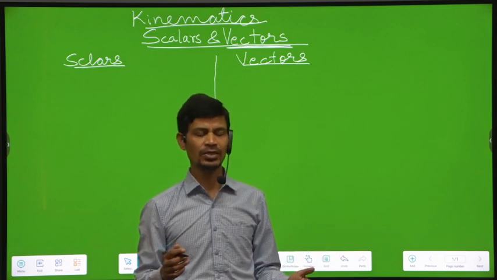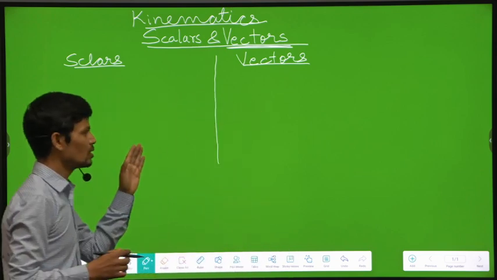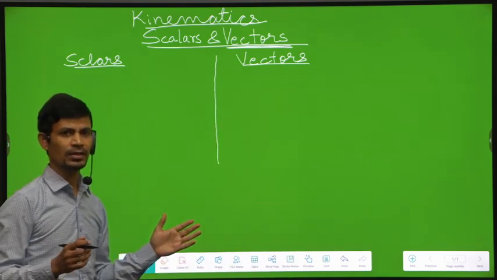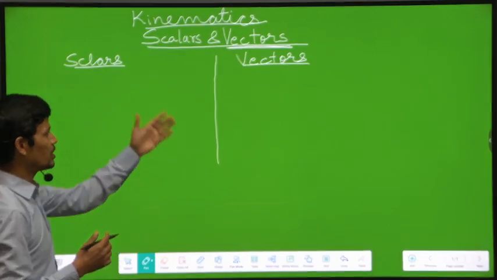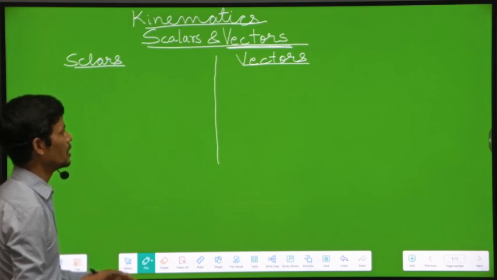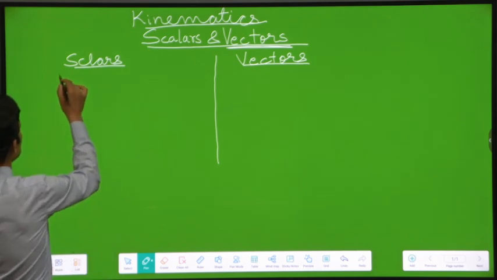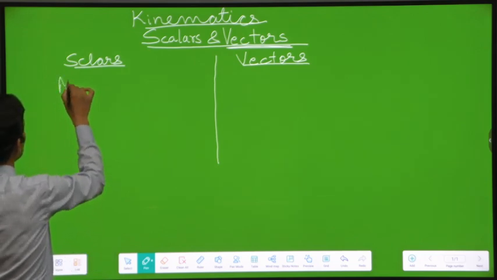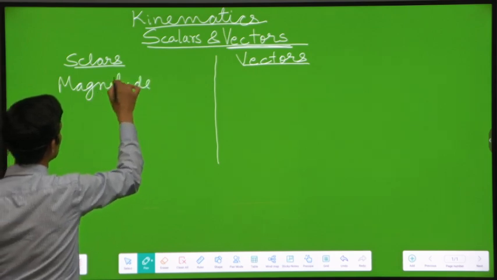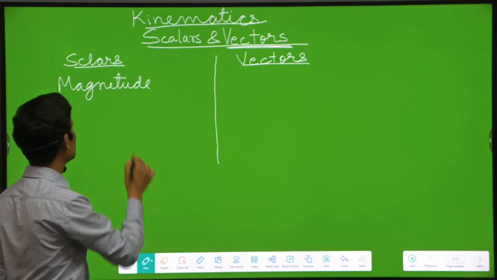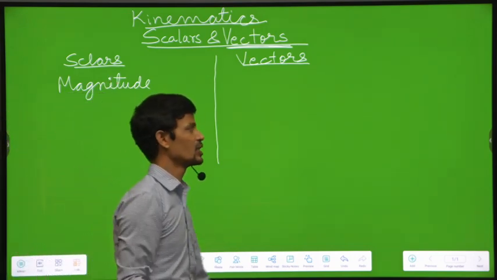I will explain by some example later on, but their direction won't affect their observation in the manner that the direction of vectors does. So scalars have magnitude. They can have direction, but we require their magnitude only for their specification.